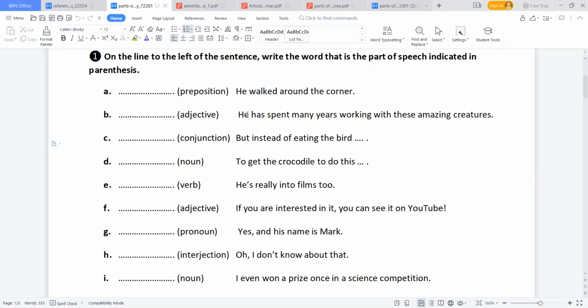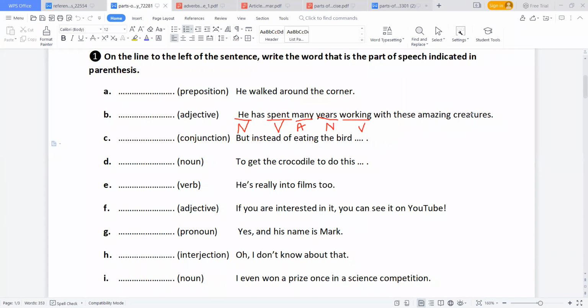He is a pronoun, but it replaces a noun. This is a verb. He has spent many years, so years is a noun. Many can be used as an adjective because it is describing the noun. Working again is a verb.